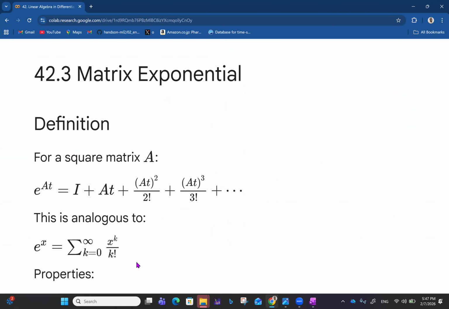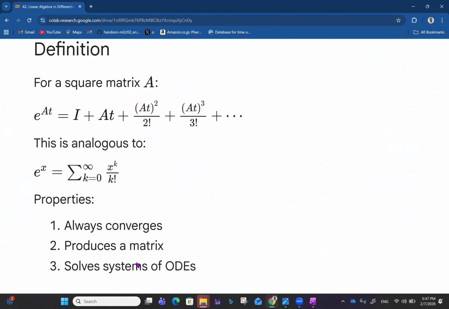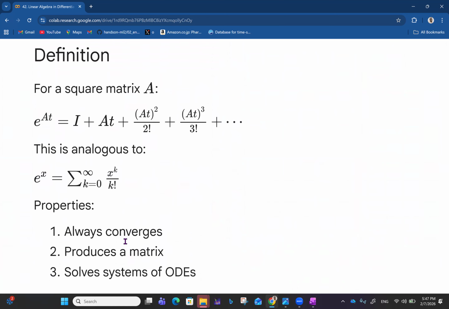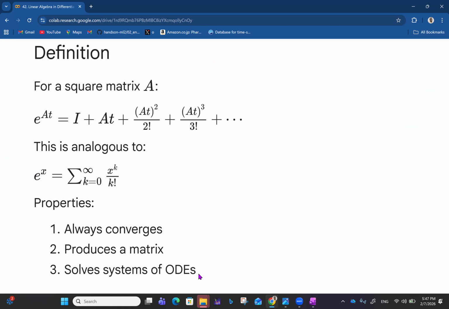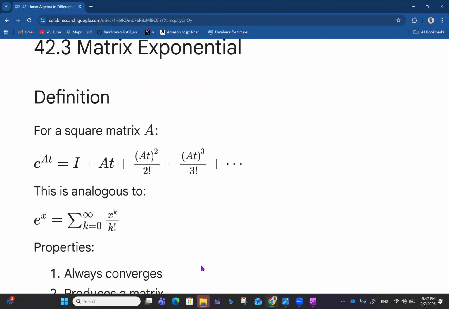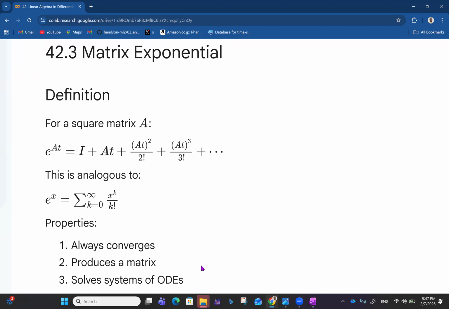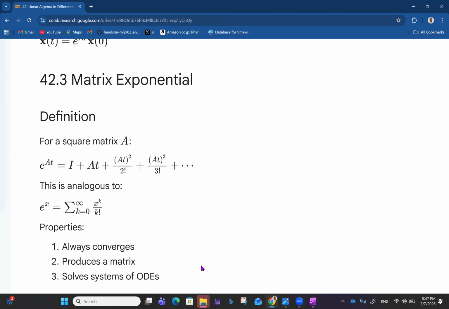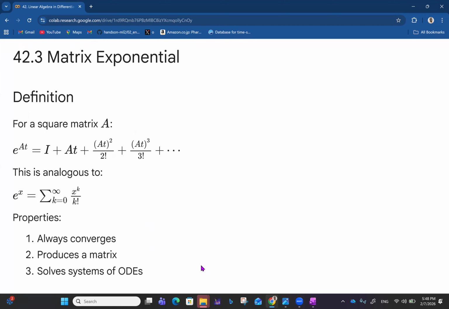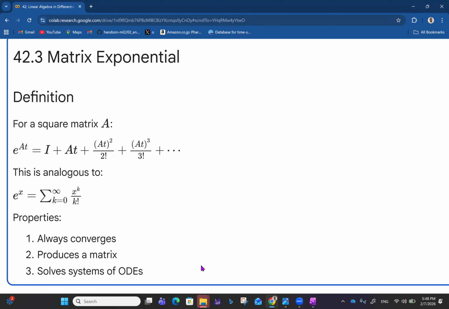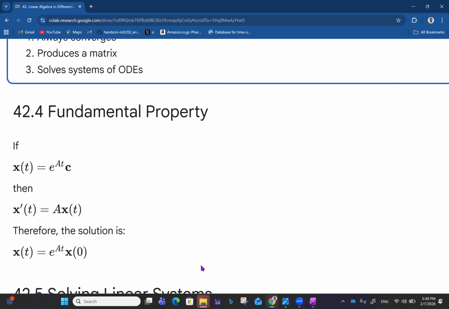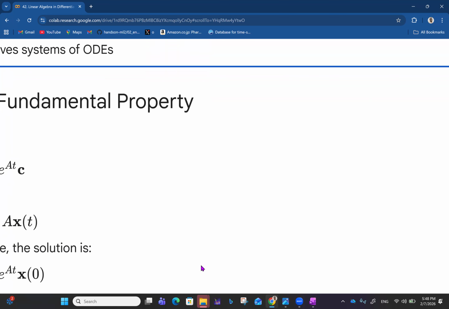That's the exponential expression. So the properties: it always converges and produces a matrix, and it solves systems of ordinary differential equations. And then we have the fundamental property.